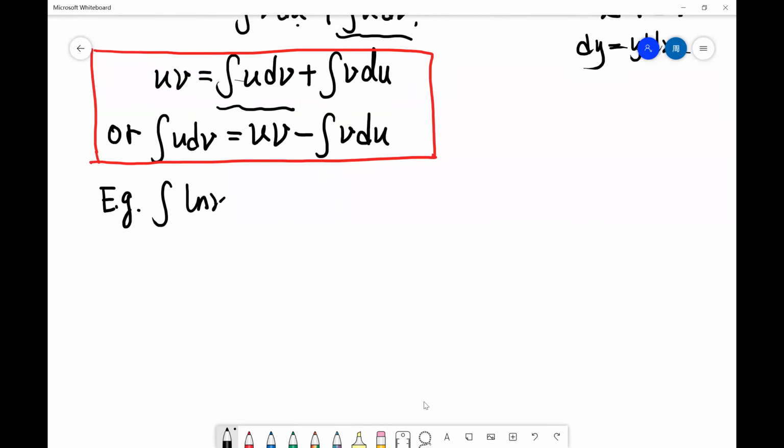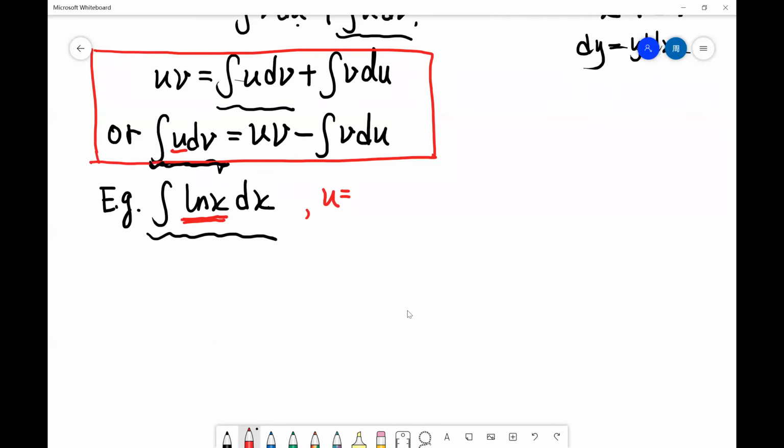That is ln x dx. So you can compare this integral and the formula integral to make sure which part is U and which part is V. So here we can see U should be ln x, right?